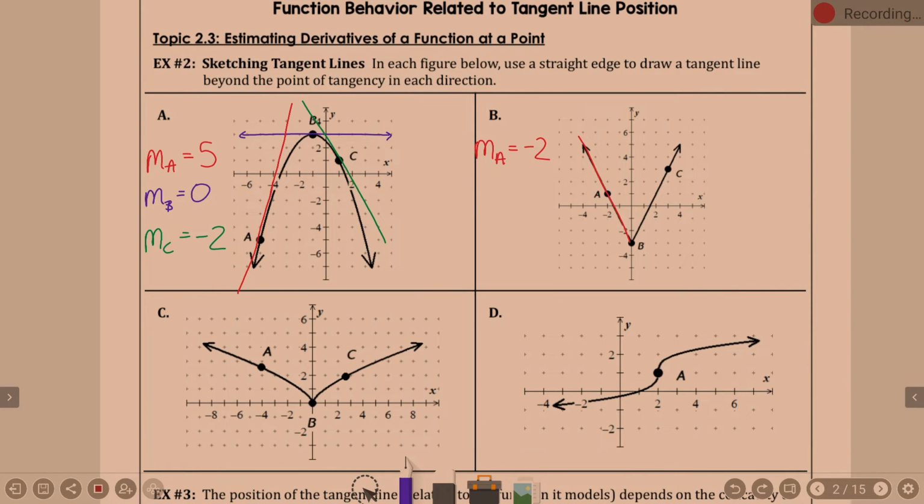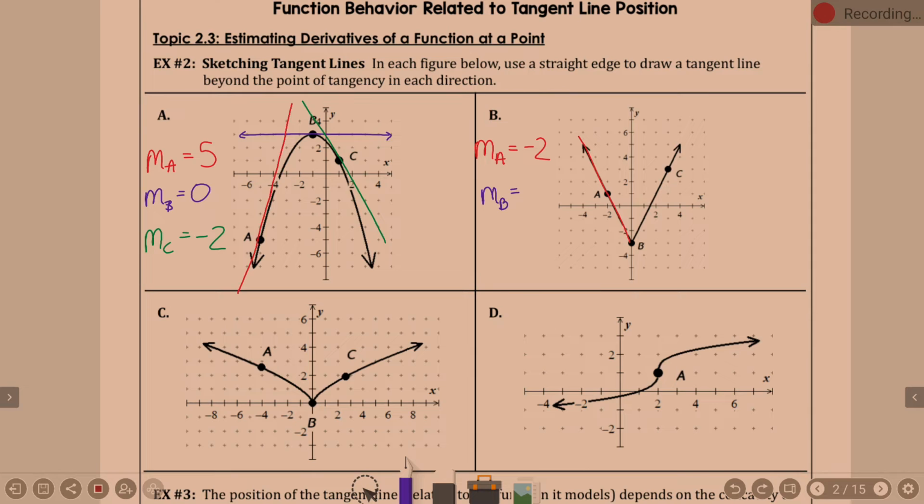Now, what about B? 0. Oh, I was going for C already. So that is 0. Well, kind of. Over here, B was 0, yes? And it was legitimately 0.